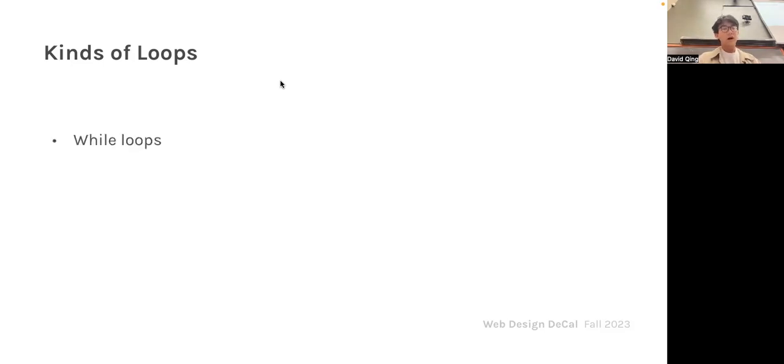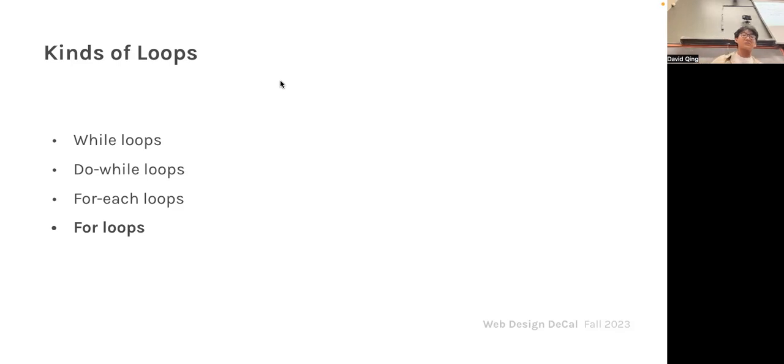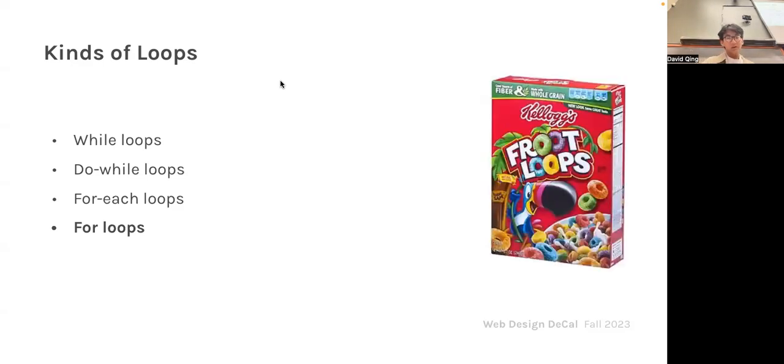We have while loops, do while loops, for each loops, and for loops. This is a lot more complex than some other programming languages, but most will have this same kind of concept. The important one for us is for loops.